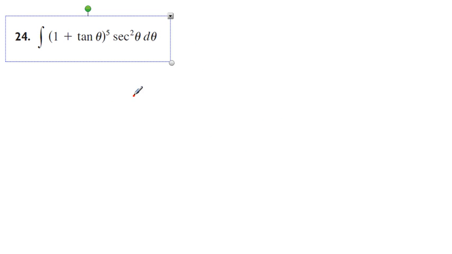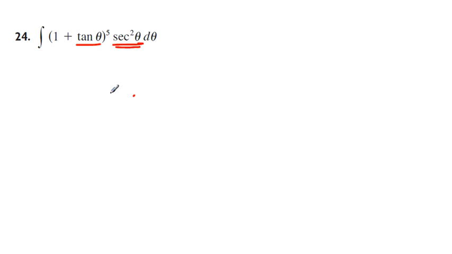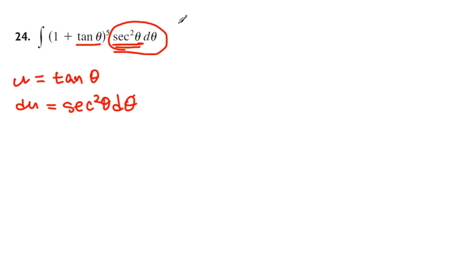Right, number 24. Here, secant squared outside, tangent inside. I think this is a signal that tells us, hey, maybe you can set u as tangent theta. Then we get to realize that du is equal to secant squared theta d theta. Then we see that right over here. So therefore, in fact, we can even put a plus 1 here, having the whole expression inside as the u.